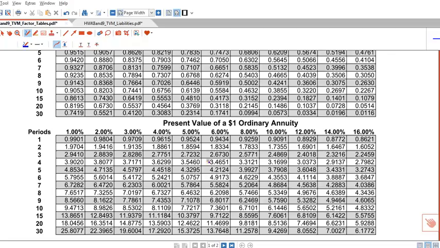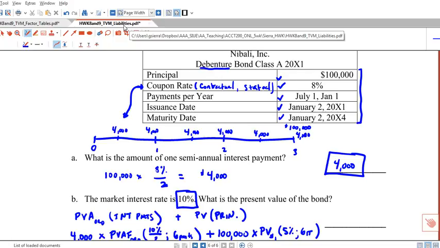We're here, 5%, 6. It says periods, but it's probably better to call these payments. This is an annuity. And at the intersection is 5.0757.